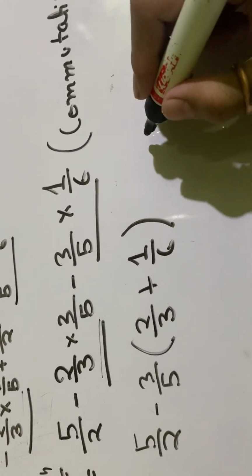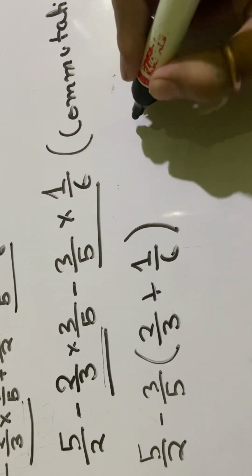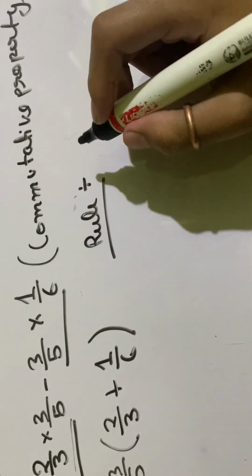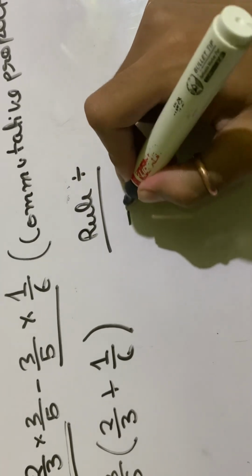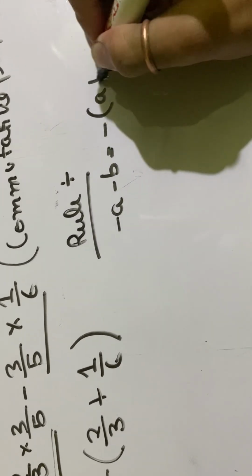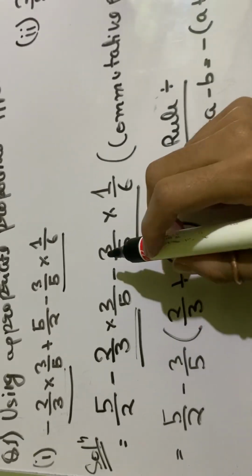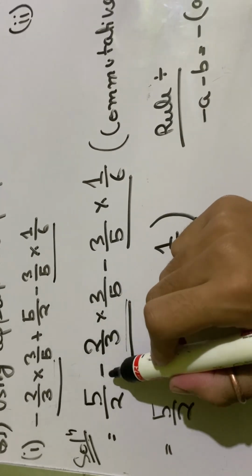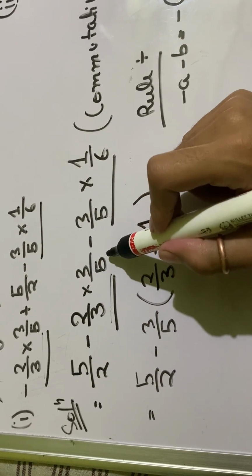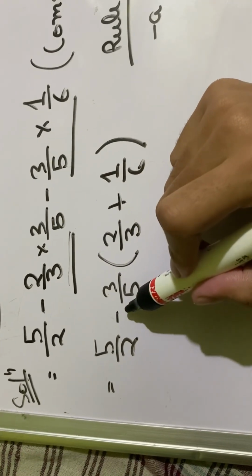because there is a rule that minus a minus b equals minus a plus b. So here it is minus and here is minus. Then we have to take 3 by 5 common, so 3 by 5 here.